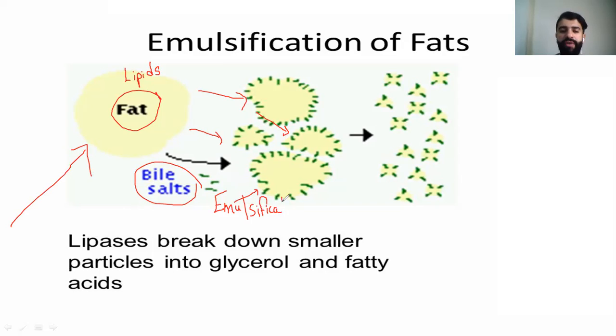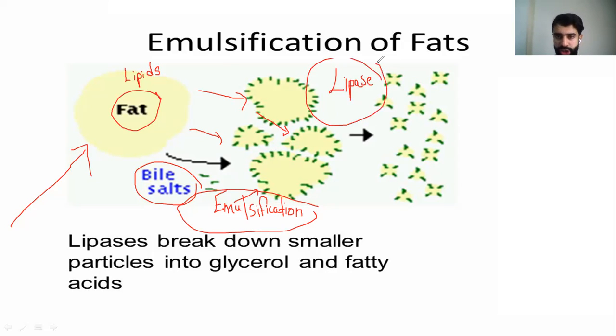For example, if you have 100 tomatoes, you can't cut all of them together. You have to separate them. You can cut every 10, or every 2 or 3 together. So this segregation is called the emulsification of the lipids, and then lipase will digest them into the simplest form, which is fatty acids and glycerol.